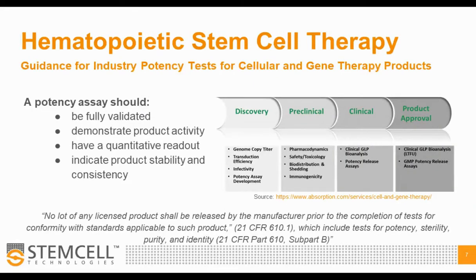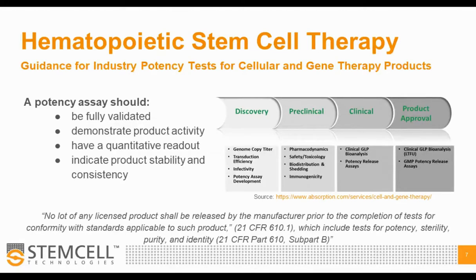In fact, if you look at the guidance for industry, potency tests for cellular and gene therapy products, that the FDA has released, one very important statement in 21 CFR 11 is that no lot of any licensed product shall be released by the manufacturer prior to the completion of tests for conformity with standards applicable for such product.